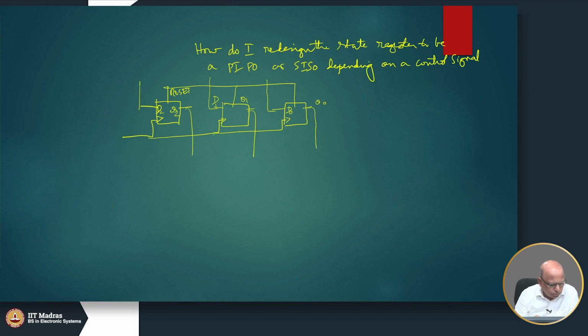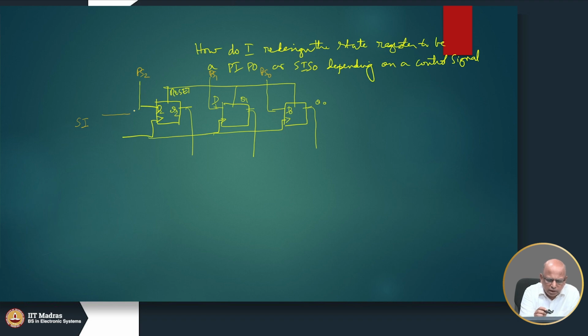Whereas, when we want to do a shift operation, that means we want to shift in the contents, so you can see that if this is the previous state 2, previous state 1 and previous state 0, we also need to be able to shift in the serial in directly.